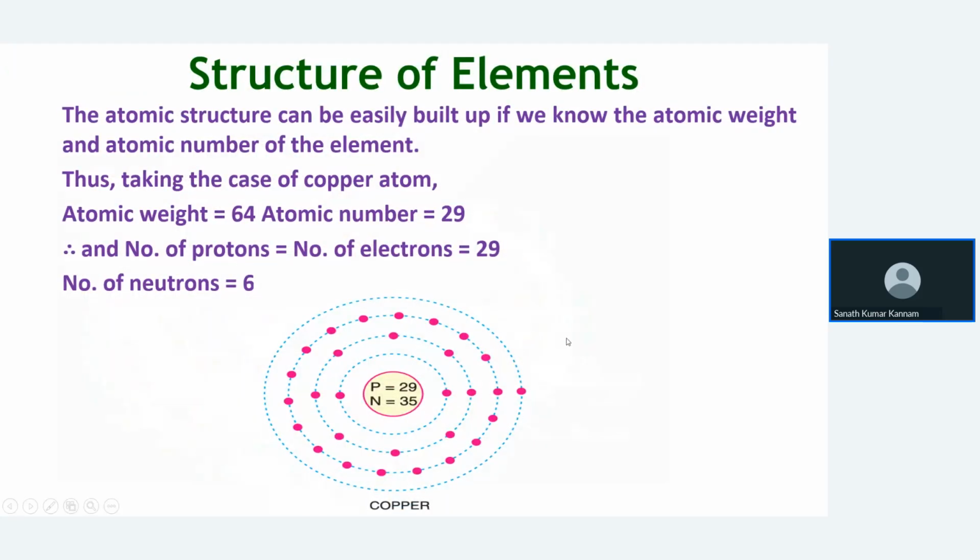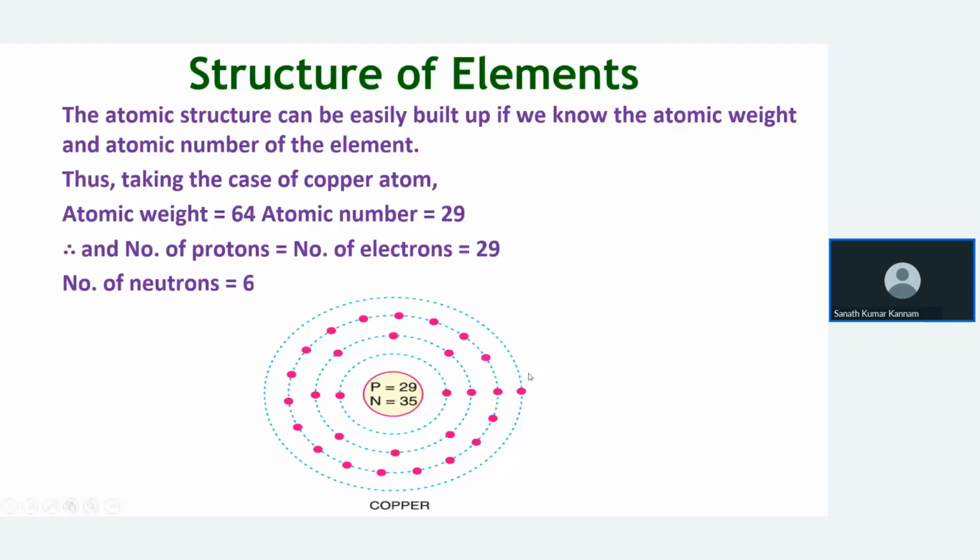If you see the structure of an element, here I am taking the example of the copper atom. Copper has atomic number 29, whereas the atomic weight, the number of protons plus the number of neutrons, is 64.